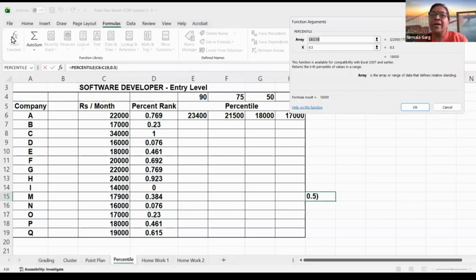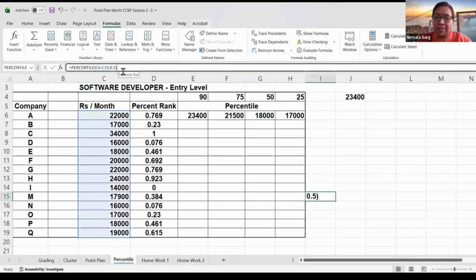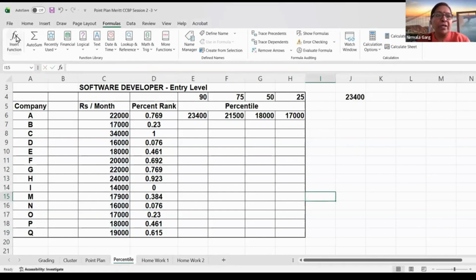All right. Now I'll keep your insert function. Got it? Percentile.